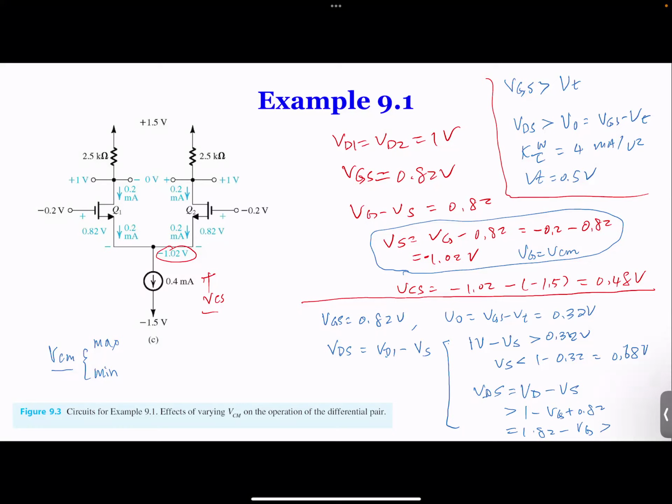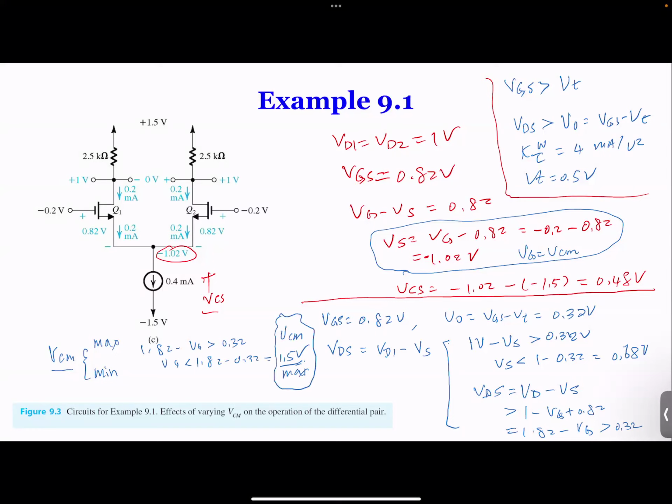VO is 0.32. So in this case, 1.82 minus VG has to be larger than 0.32. So we got VG has to be less than 1.82 minus 0.32. We got 1.5 volts. So this is your max VCM.